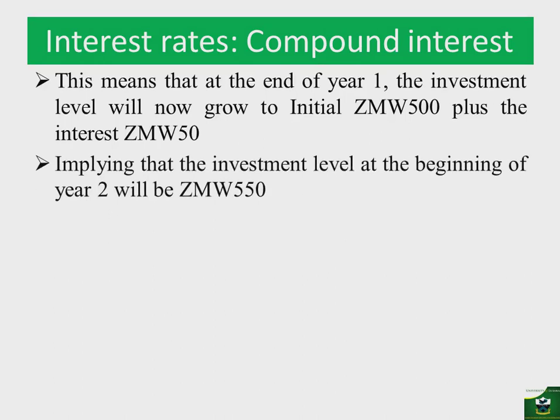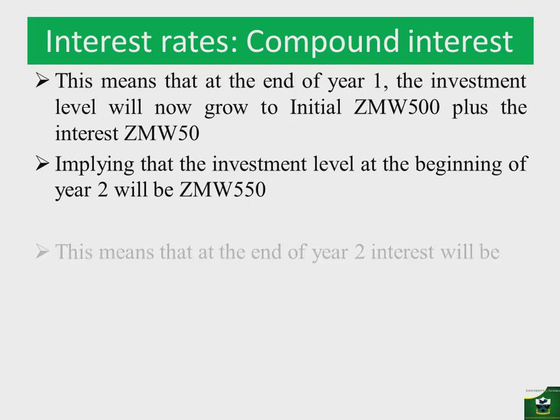This implies that the investment level at the beginning of year 2 will be 550 kwacha, because you have your initial 500 plus the interest that you got from period 1. So the total period 2 money, which will now be subjected to the interest, will be 550.